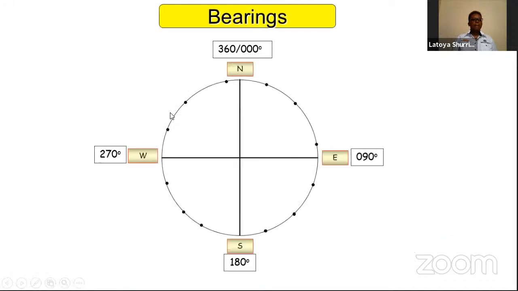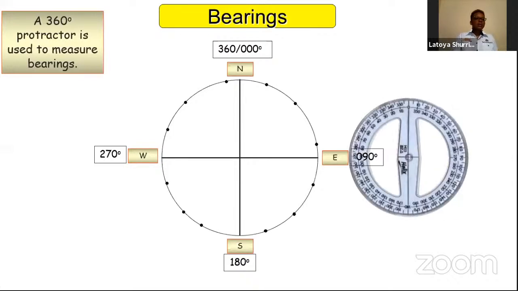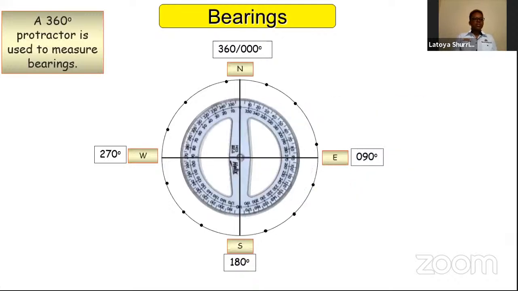All right? Here we have some other points. And I think at this point, we're going to be using a protractor. And we know that a 360 degrees protractor is used to measure bearings.